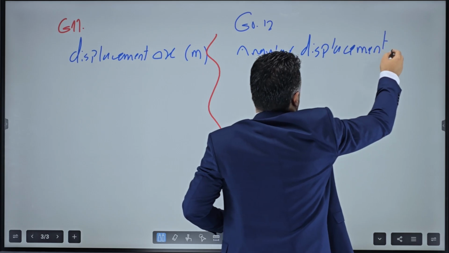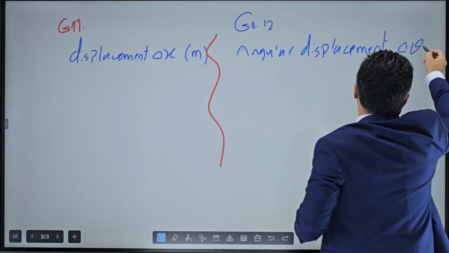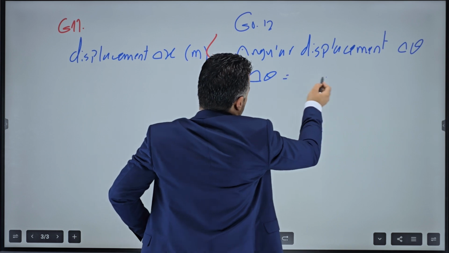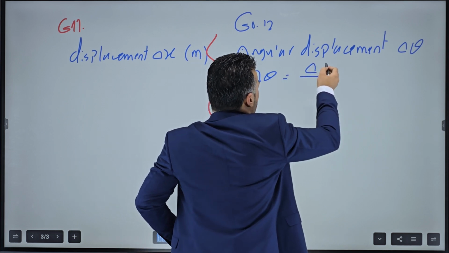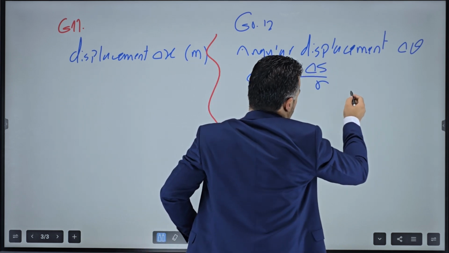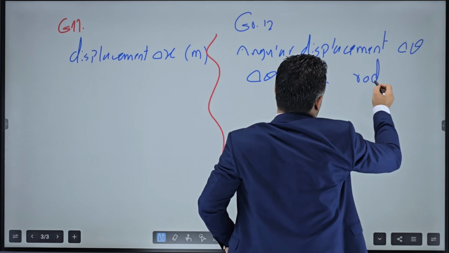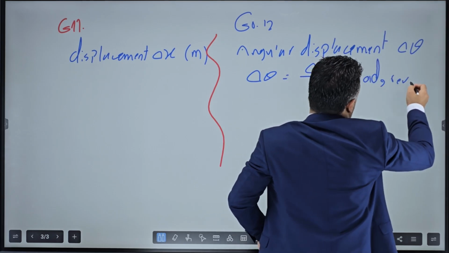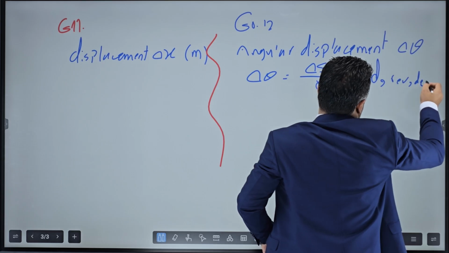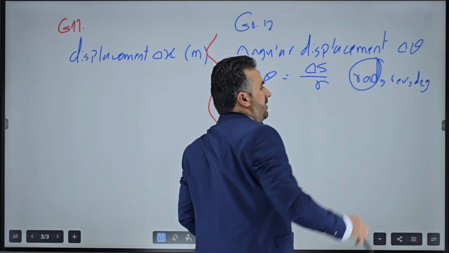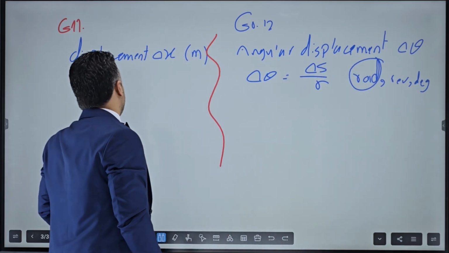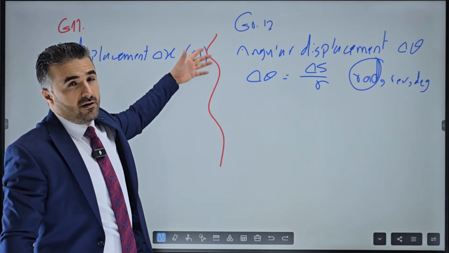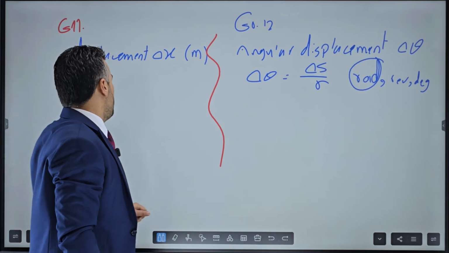Angular displacement is represented by delta theta. And how do we find delta theta? One more time, delta theta can be found using arc length divided by the radius. We know that delta theta, or angular displacement, can be measured in radian, revs, or even in degrees, but only radian is allowed to be used in calculation here. And displacement can be measured in meter, centimeter, kilometer, but the SI unit is meter.